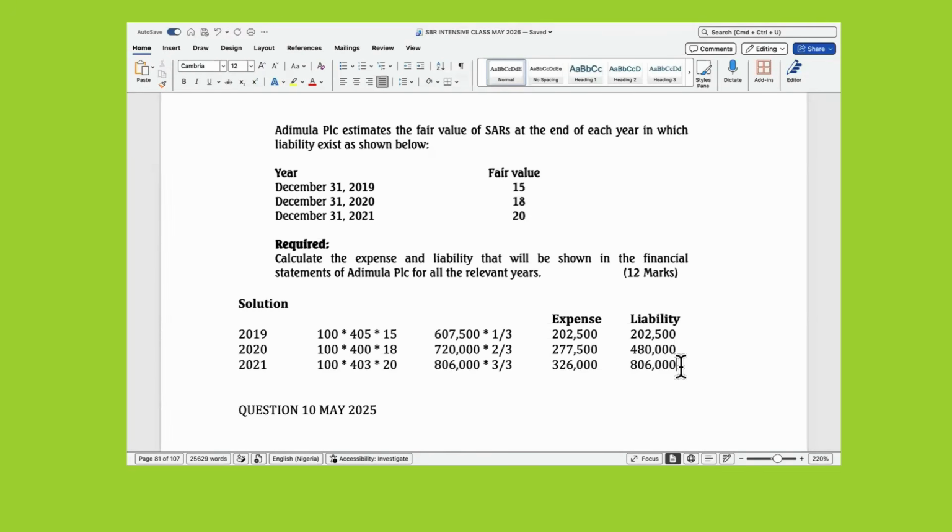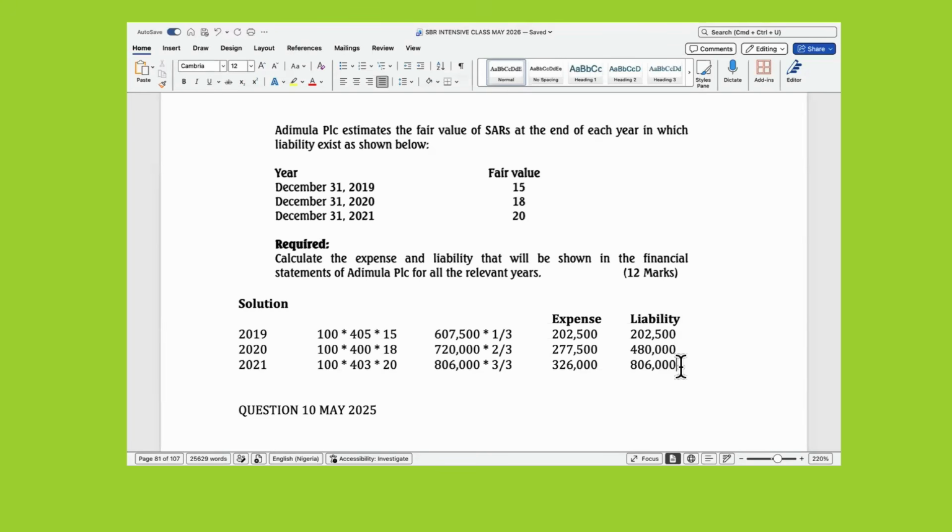Okay. Yes. The question I also want to ask is about what we have just solved now. Assuming we are given just one value, can we use the value throughout the 3 years?